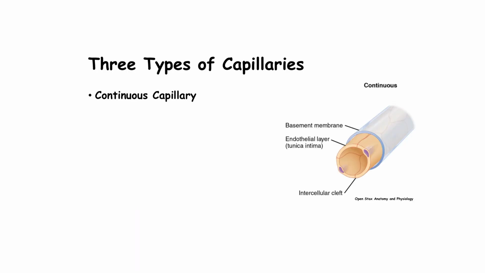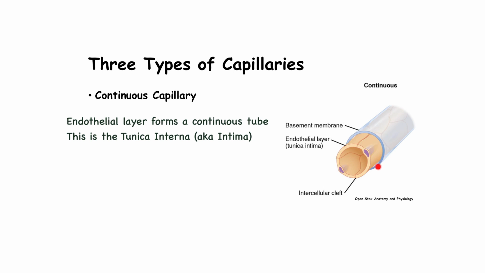There are three different types of capillaries. The first type is what is called a continuous capillary. Now, in a continuous capillary, we have the endothelial cells, that tunica interna area, and it is going to form a continuous tube. And what you'll also see is that the basement membrane that forms around these cells, this is the lower level of these cells, that basement membrane that's there is also continuous.